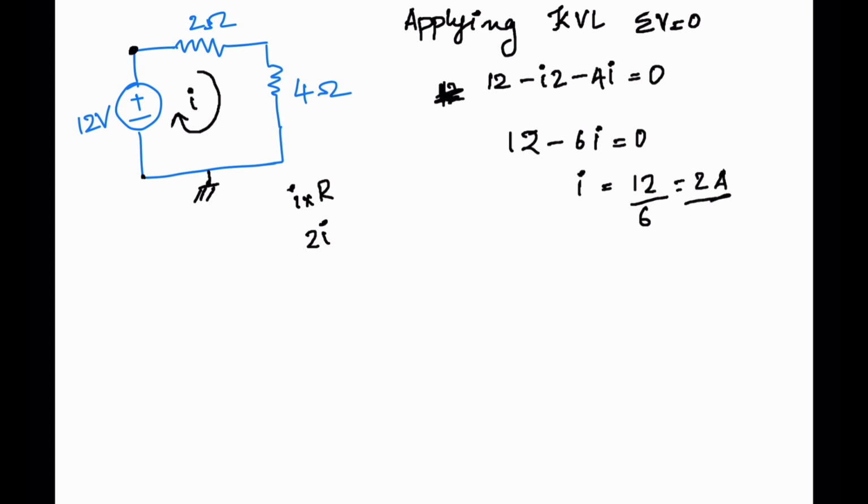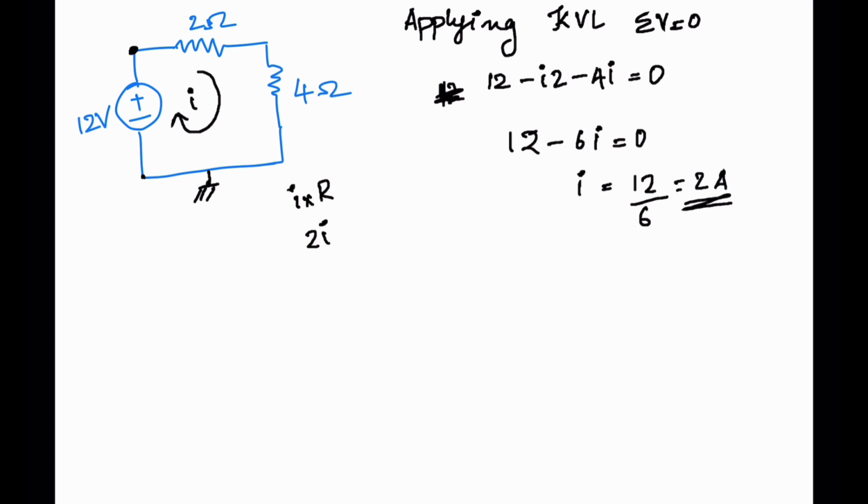This is a simple circuit and we have done the analysis like this. I hope you have a clear idea about how to apply Kirchhoff's law in a simple circuit. What you should take as the sign convention when it is a resistor: if we are moving in the same direction as the current, you should take it as a voltage drop.